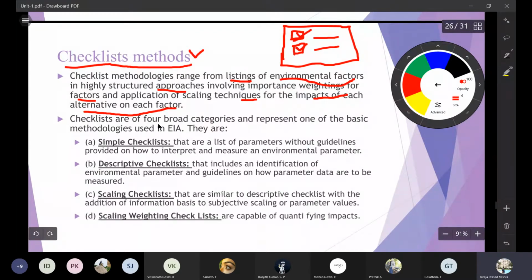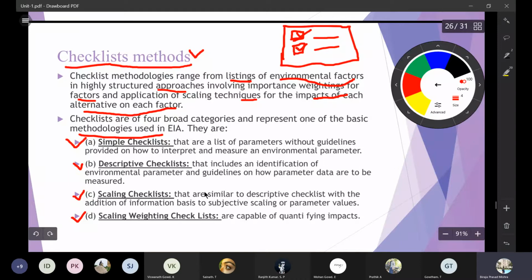And the checklists are based on 4 categories, and they represent one of the basic methodologies that are used in EIA. And what are those four broad categories? The first one is simple checklist, second is descriptive checklist, third is scaling checklist, and the fourth is scaling weighting checklist.